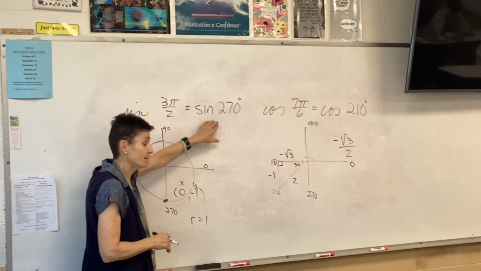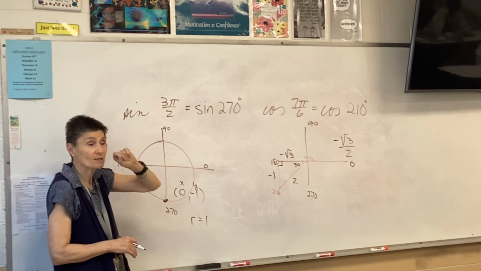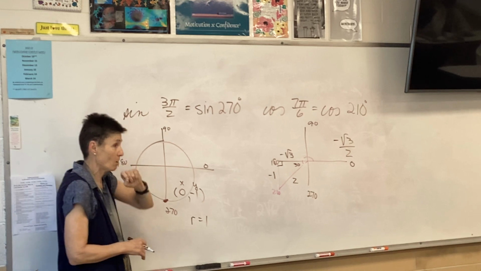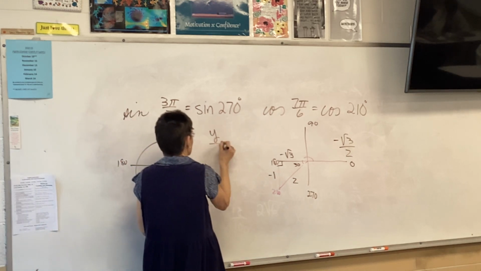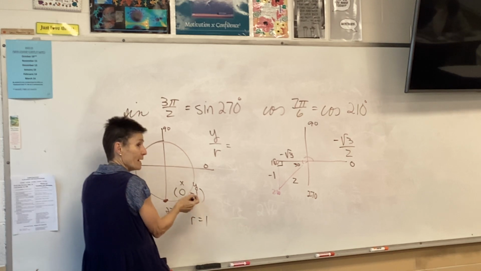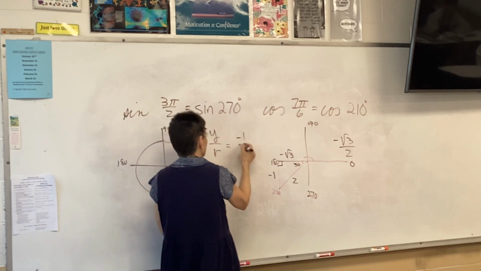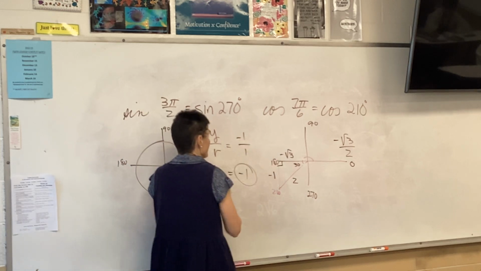Now I want sine. I have to remember sine is y over r. And y over r would be -1 over 1, which is -1.